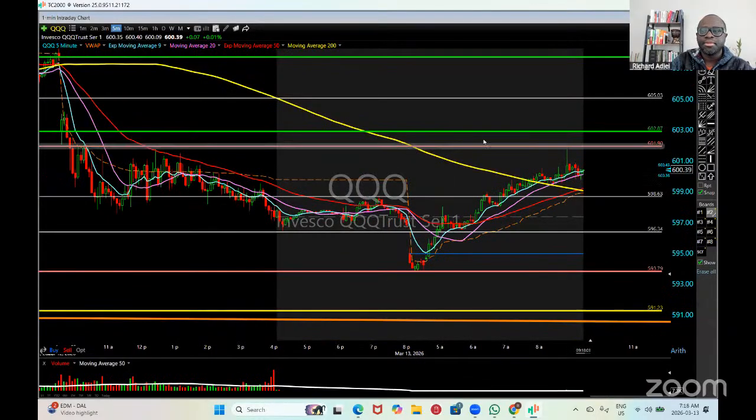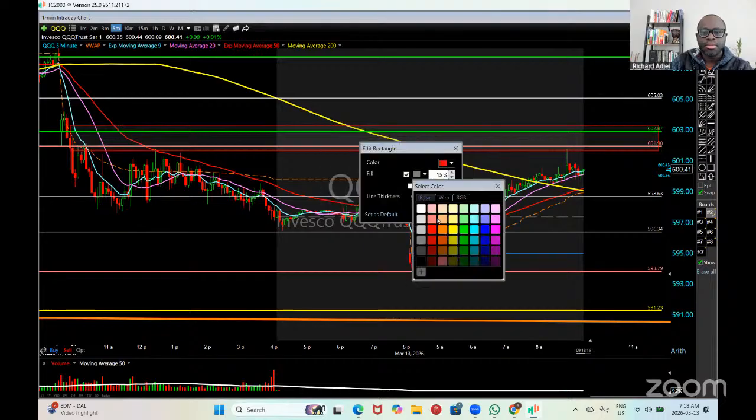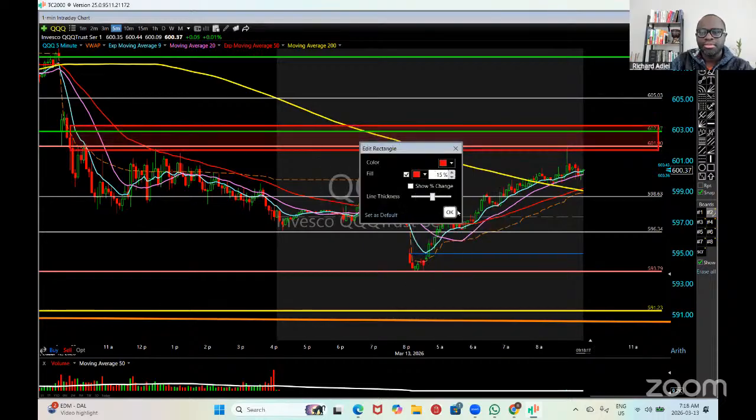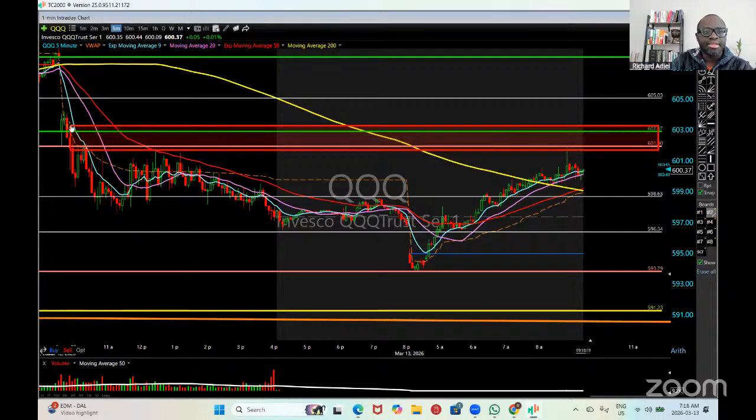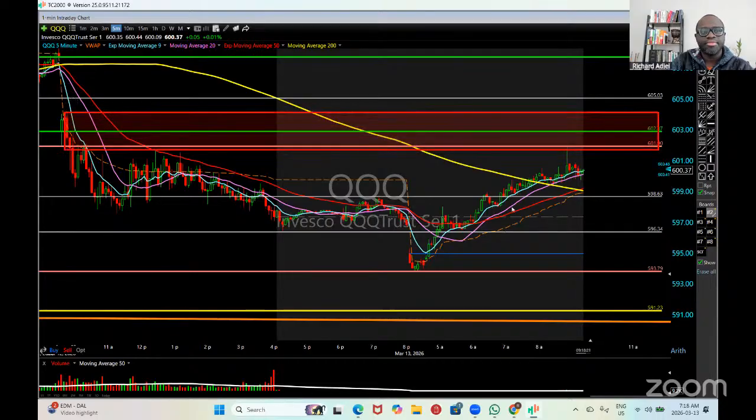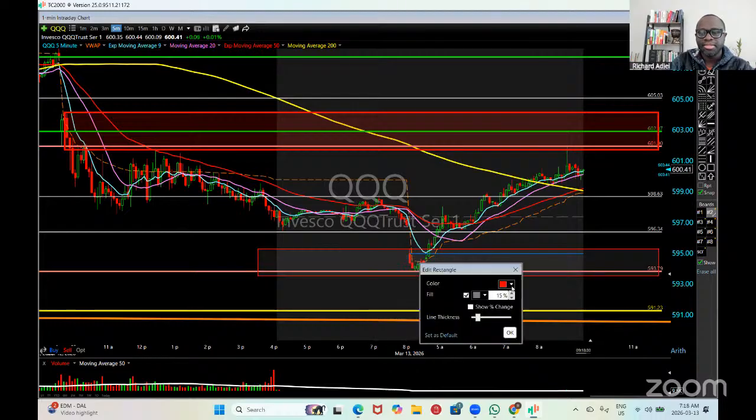So here we have this as our pre-market high and pre-market low, and basically what I'm looking at is, okay, this area here can act as my supply zone for now. Supply zone for now, and then I can even extend it here to this area. And then we have here as our demand zone, right? I don't know if we are going to come all the way here, but if we come, then it means that this is very weak, right?